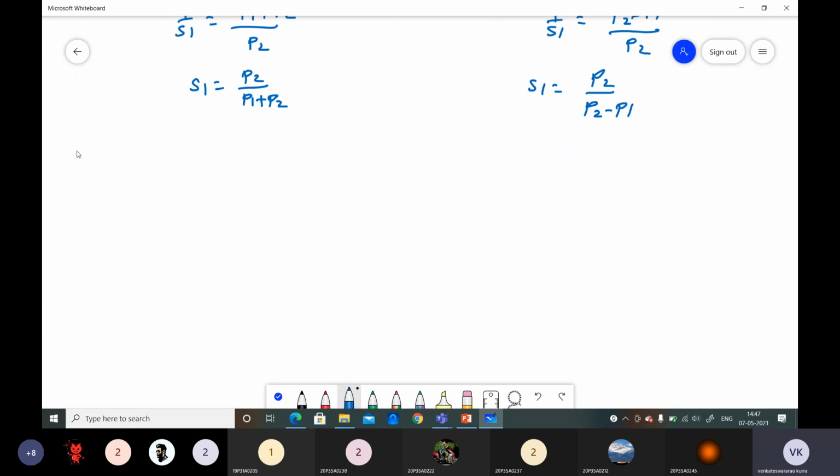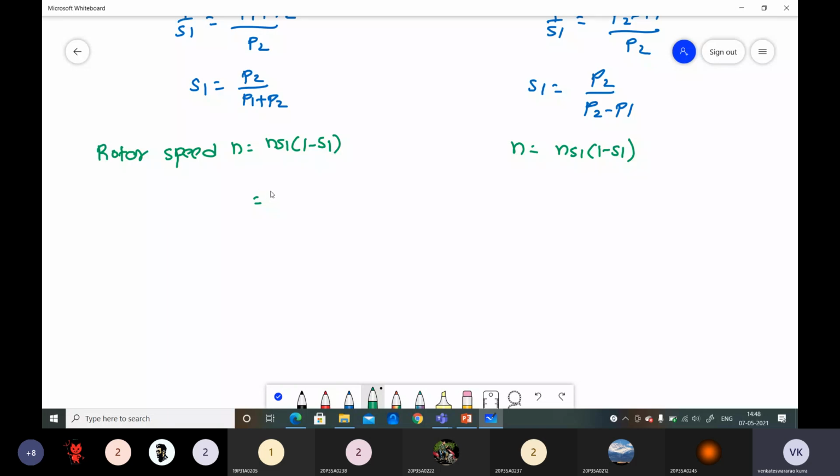Now rotor speed. N equal to ns1 into 1 minus s1. Here also rotor speed n equal to ns1 into 1 minus s1. In terms of the first induction motor, it means the slip ring induction motor, n equal to ns1 into 1 minus s1.